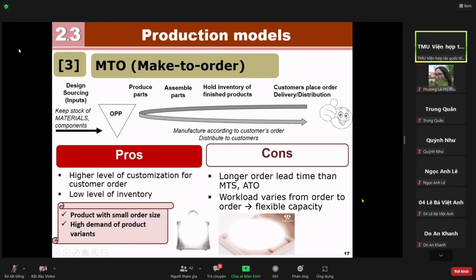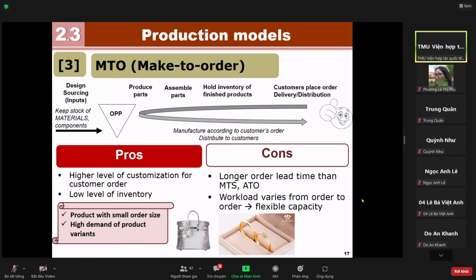So moving to, as I show you on the screen, we have two products which also have a high demand for product variants, like the Hermes bag. Of course, this is MTO, not designed according to the customer.